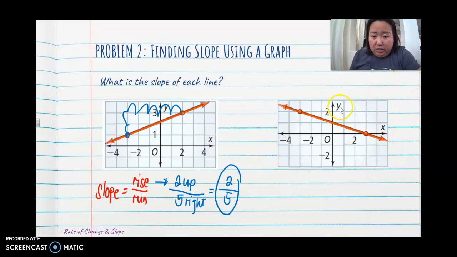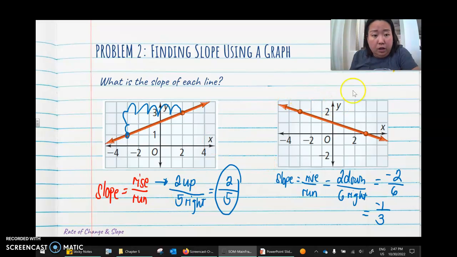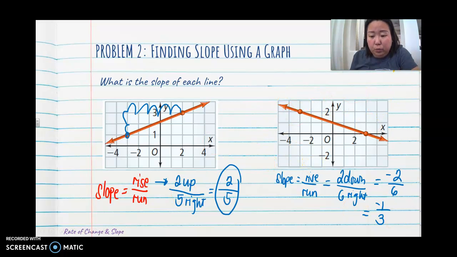So why don't you try this second example here? Find the slope of this line. Go ahead. So for this example, our slope will be negative 1 over 3. Why is that? Again, slope is rise over run. So if you use this point over here as your reference, do you go up or do you go down to go to the next point?